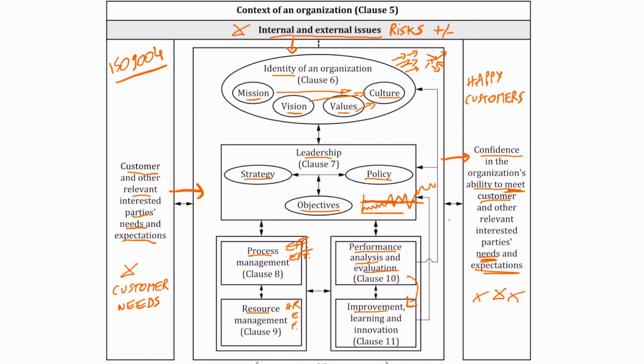You see all of these arrows, they're not like this, they're not like this, they're like this. Let's just look at the arrows between the big blocks here. This one is in this direction because knowing their needs and expectations would allow us to set up all these things the right way: the mission of the company, the strategy, the policy, and the objectives, so that we know if we're going in the right direction, and all the rest here, the processes, set them up to satisfy the customers.